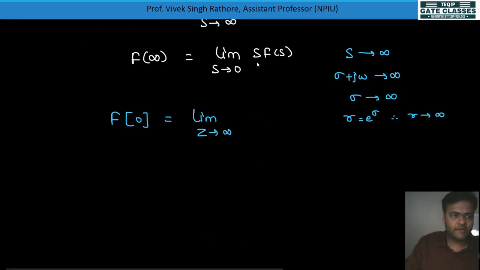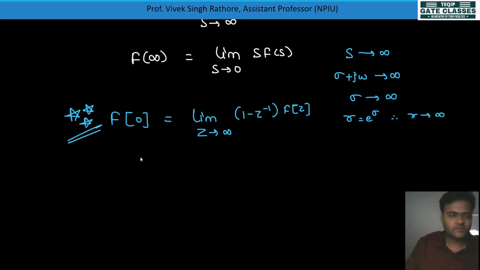And s is 1 minus z inverse, so the expression is s F(s) becoming (1 minus z inverse) F(z). This is the initial value theorem in the Z transform.